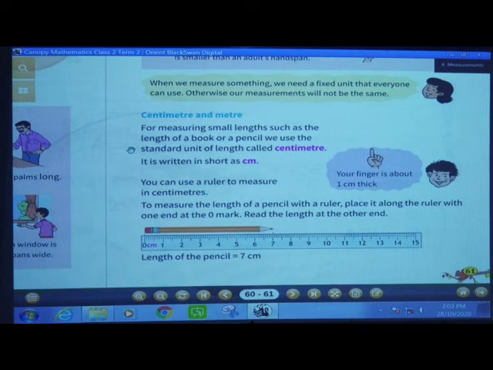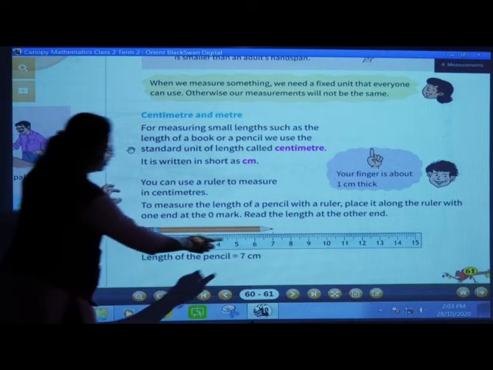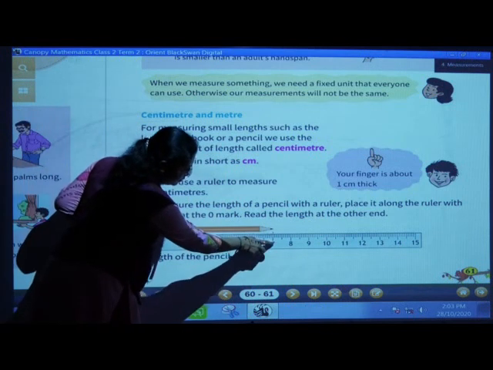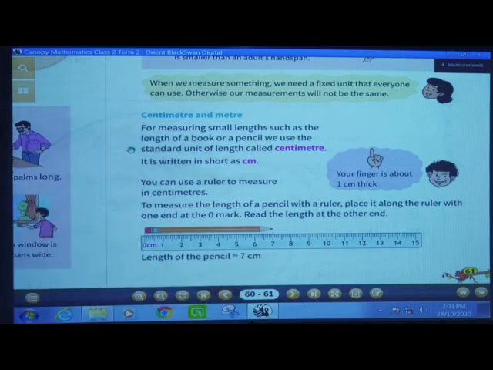And the marking at the other end of the ruler gives us the length of the pencil.